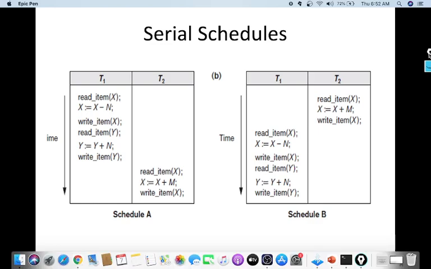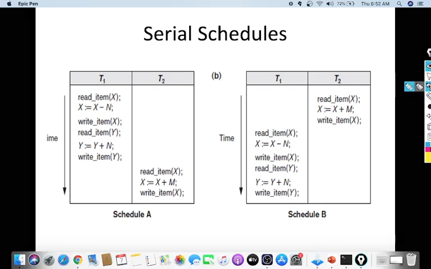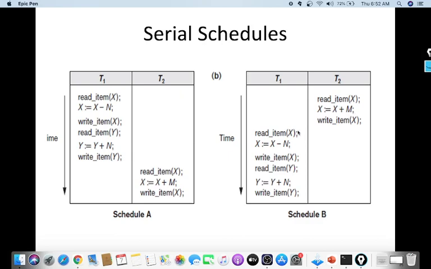I'll take the pen out. We will give some values. X was initially 90 and n is 3.